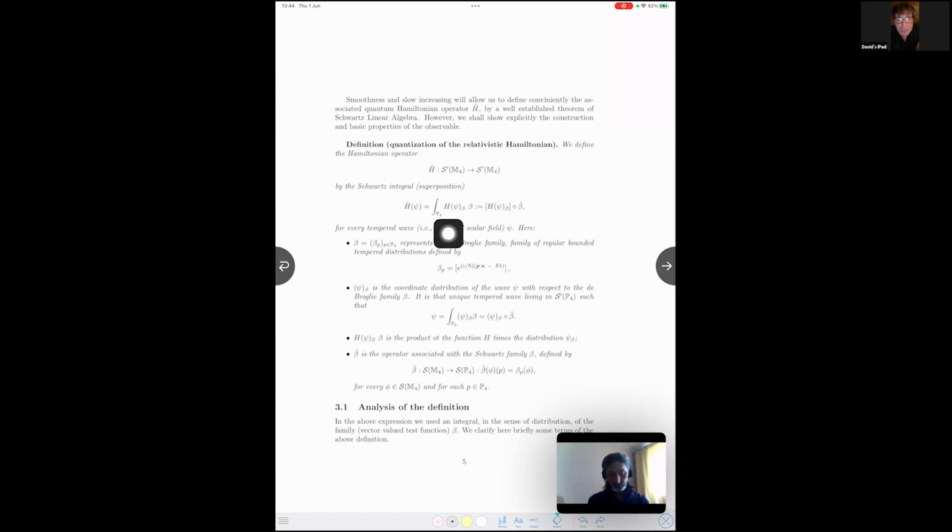As in finite dimensional linear algebra, the vector psi is the superposition, the infinite continuous sum of the de Broglie family beta, with respect to this temporal distribution.